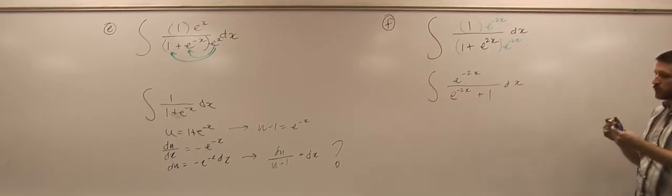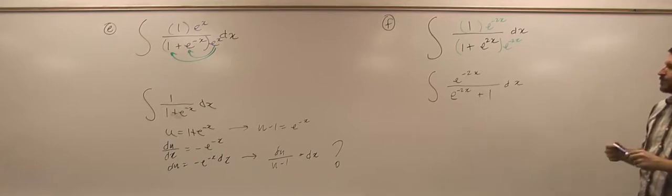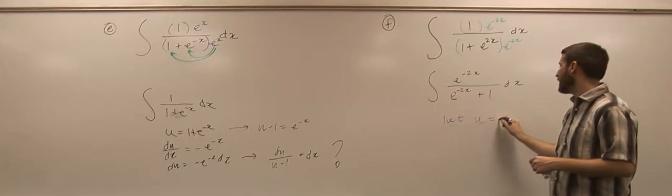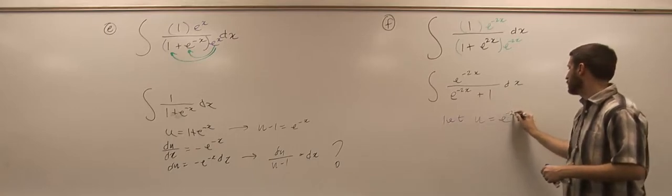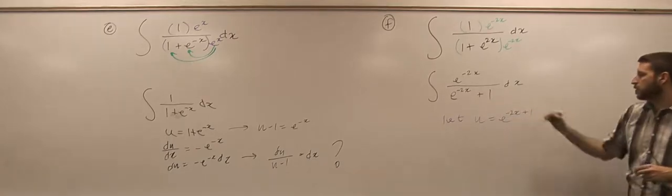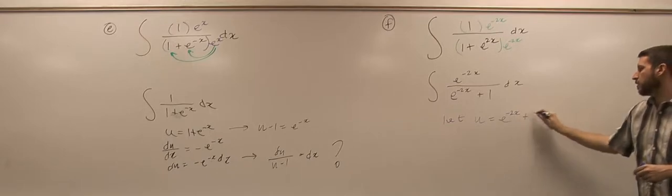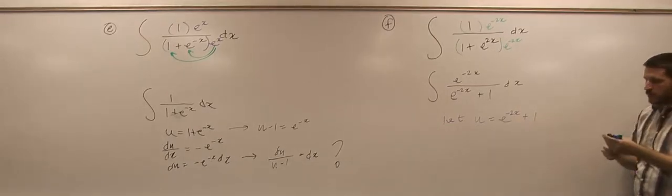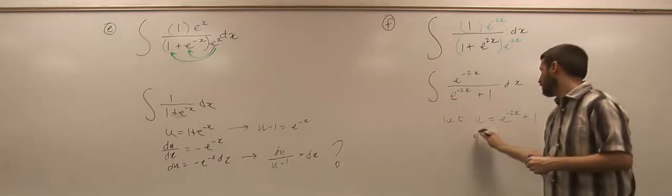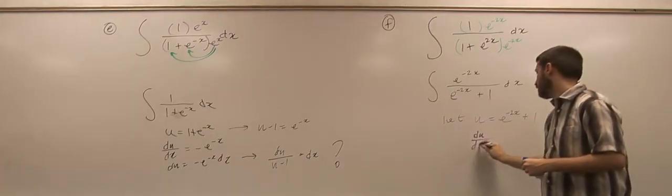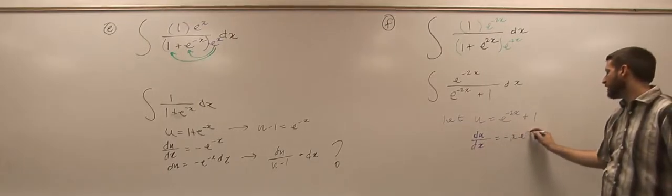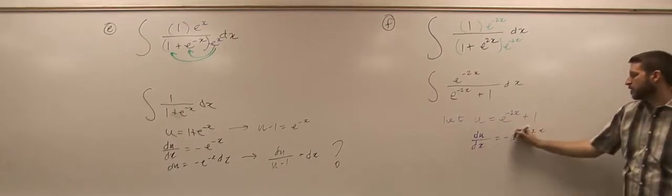So then what would you let u equal? Let u equal e to the negative 2x plus 1, because the derivative of u is equal to negative 2e to the negative 2x.